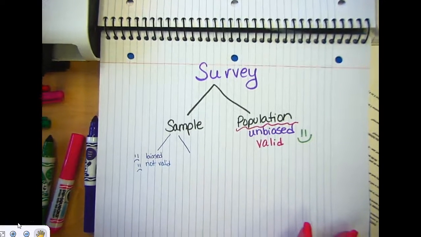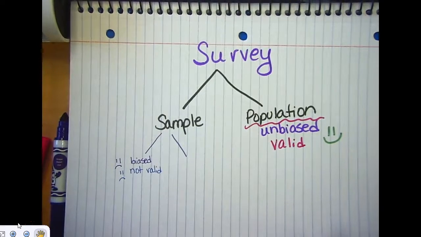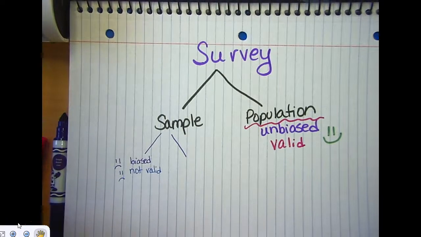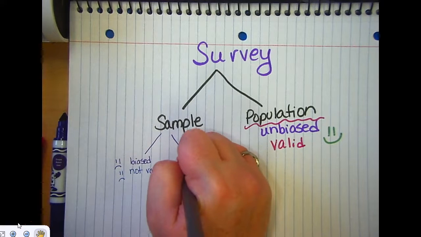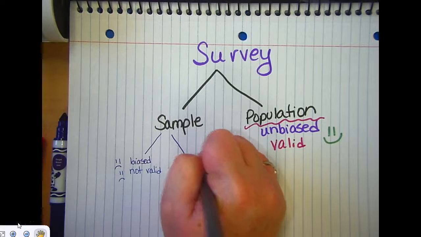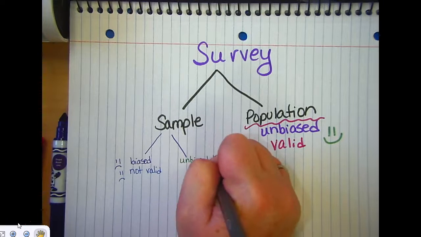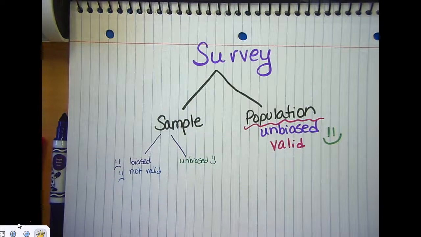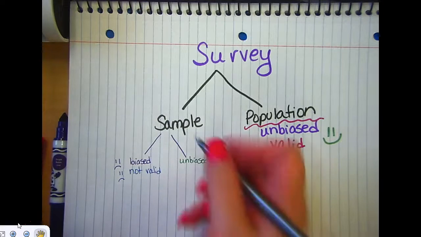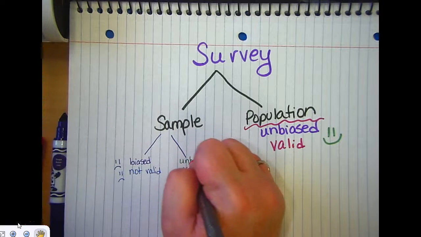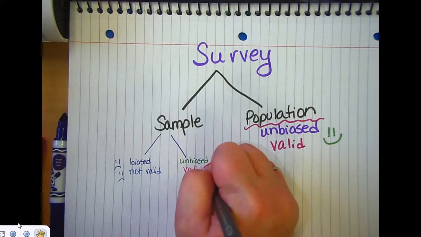Good. You zoom in a little bit. All right. Or you can collect unbiased. And remember, that's good. And if it's unbiased, then it would be valid. You can trust the results.